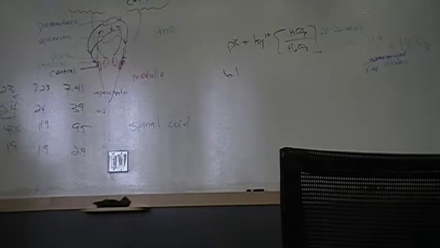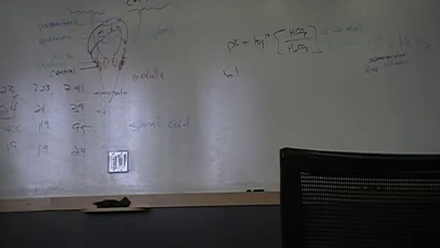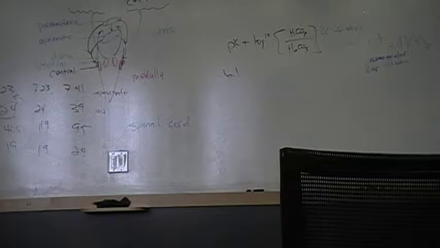And remember, the main point of this is that if your ratio was anything but 20 to 1, it would cause an alteration in your pH. If it's higher than 20 to 1, so 21 to 1, 25 to 1, 30 to 1, the pH is more alkalotic.